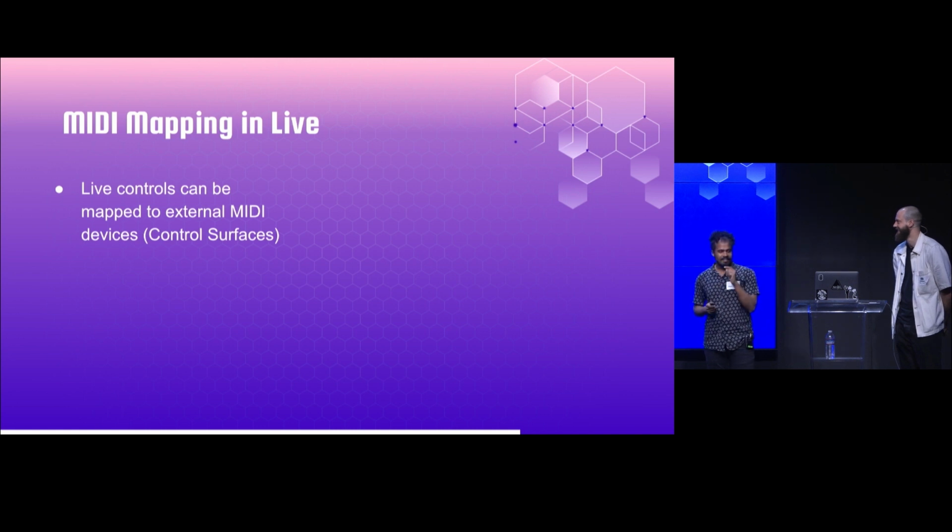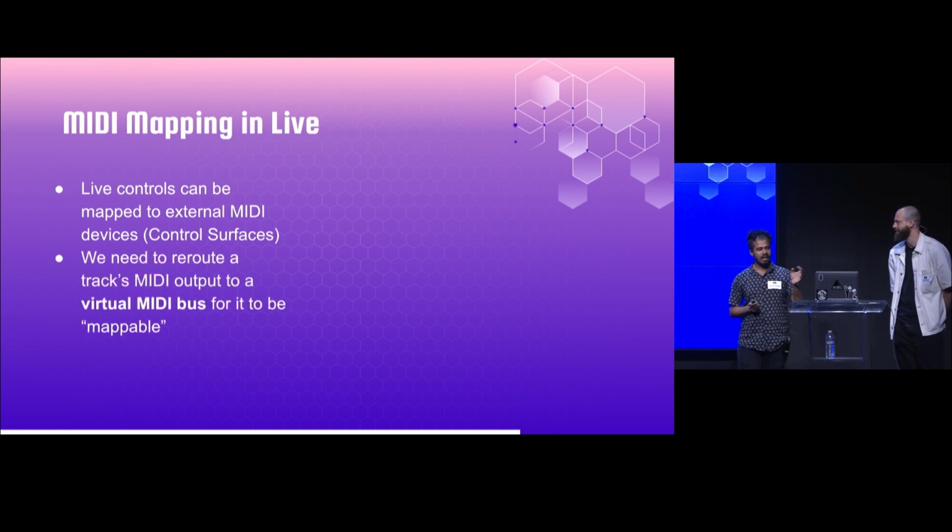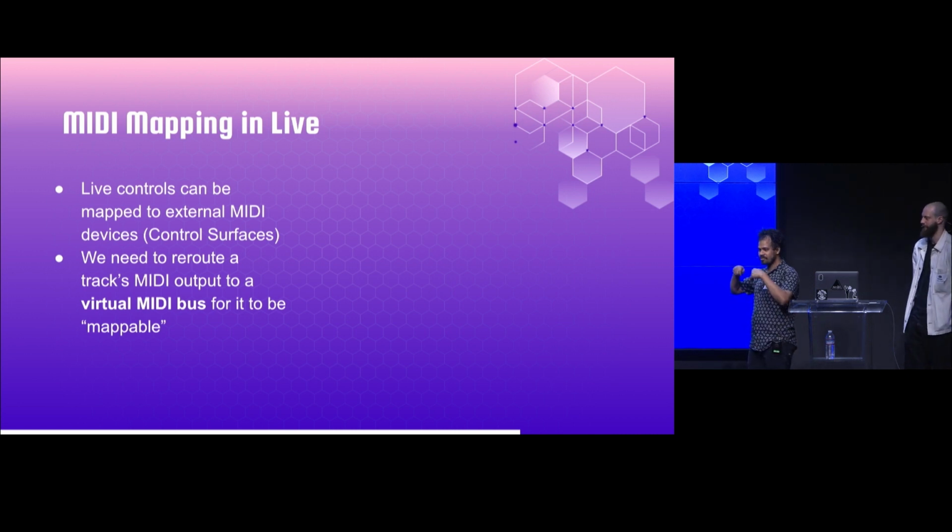Thank you. So there's a lot going on, but let me talk about how the mapping happens. Live allows you to control any parameter using an external device like control surfaces. But if we want to do it from within our DAW itself, we have to route our MIDI messages to a virtual MIDI bus so that Live thinks that it's coming from outside.